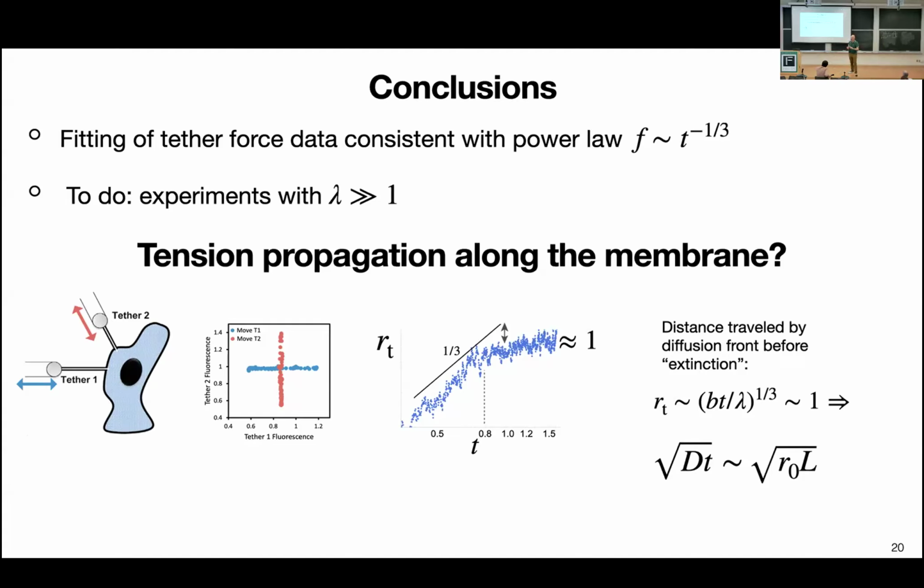Once the radius has gone back to its initial value, everything's homogeneous. This relation tells you that the diffusion front has traveled a distance solely determined by the experimental protocol: it depends on the length of tether you've pulled and the initial radius.